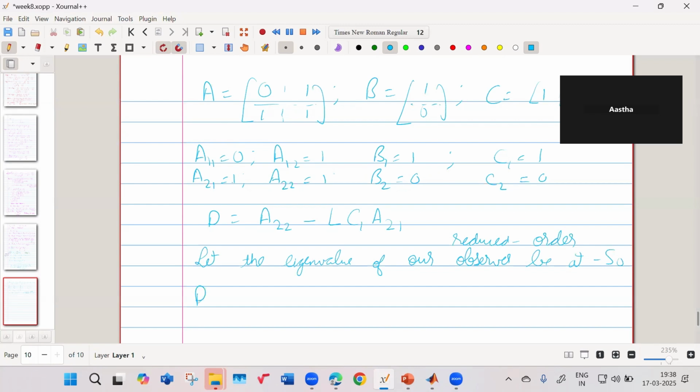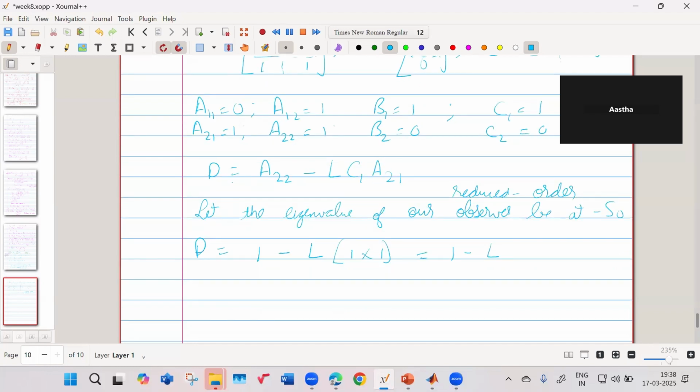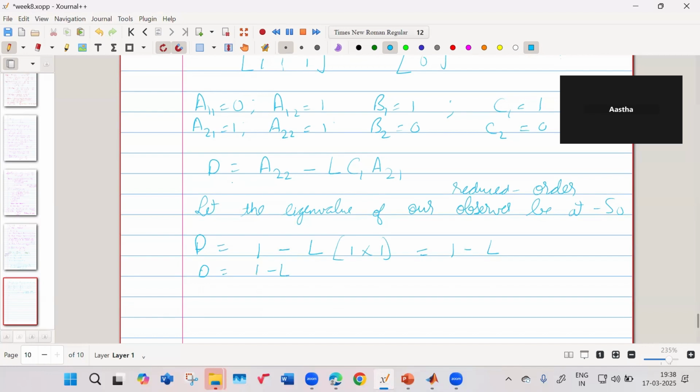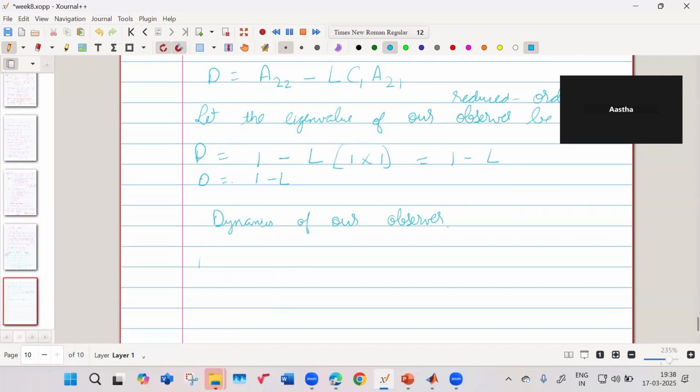What is our D? A22 is 1, L is some value, C1 is 1, A21 again is 1. So our D is equal to 1 minus L. Now we know the dynamics of our observer: gamma dot is D into gamma plus E into y plus F into u.